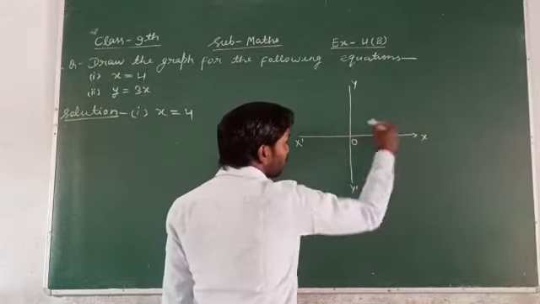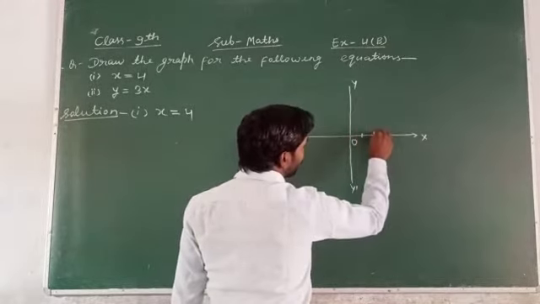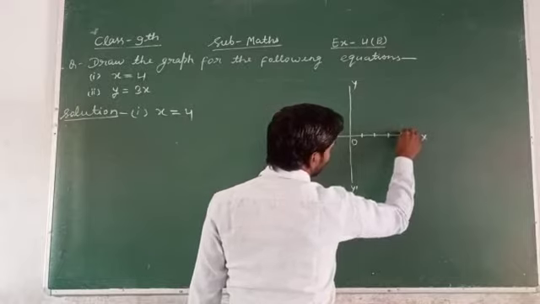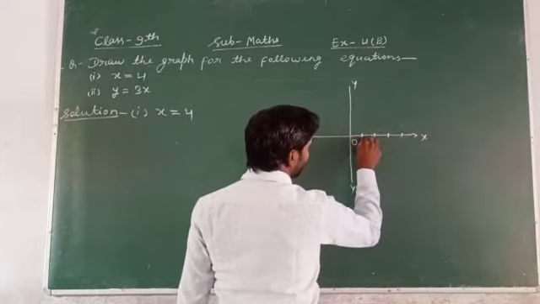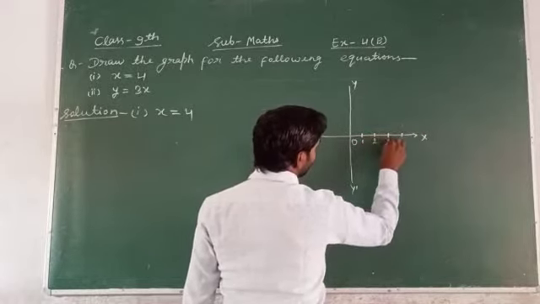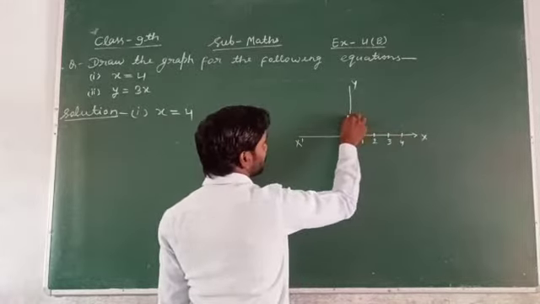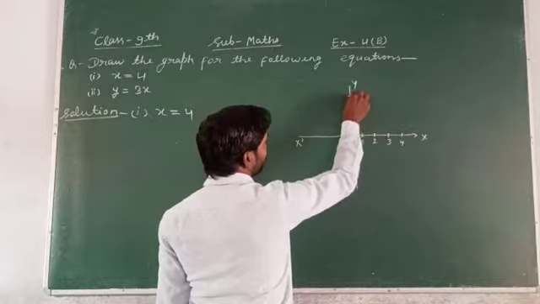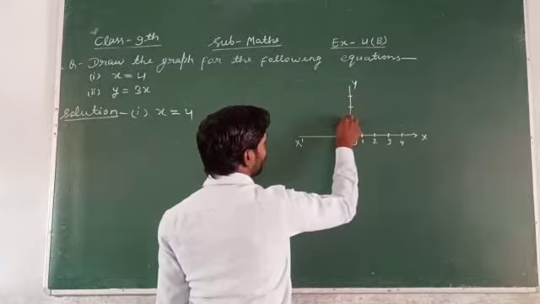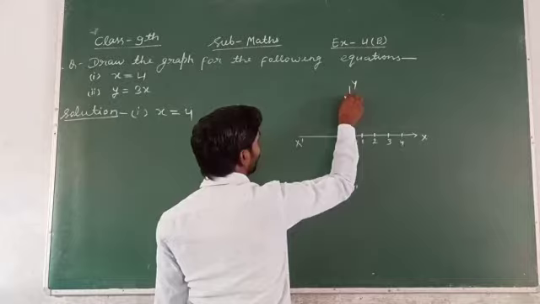On the right side of the origin, the values will be considered positive. So from here it will be 1, 2, 3, 4, and the upward side will also be positive. So here 1, 2, 3, 4.